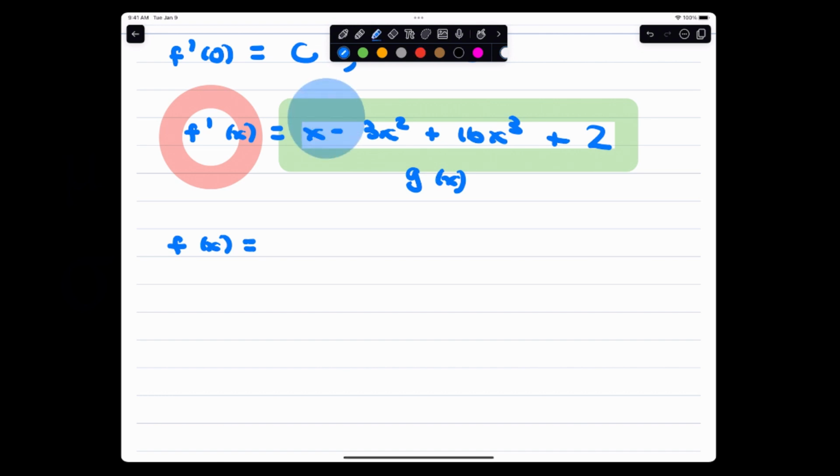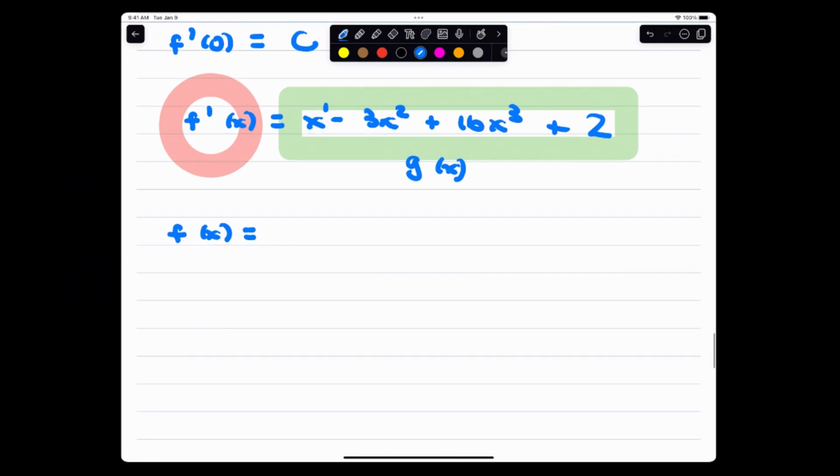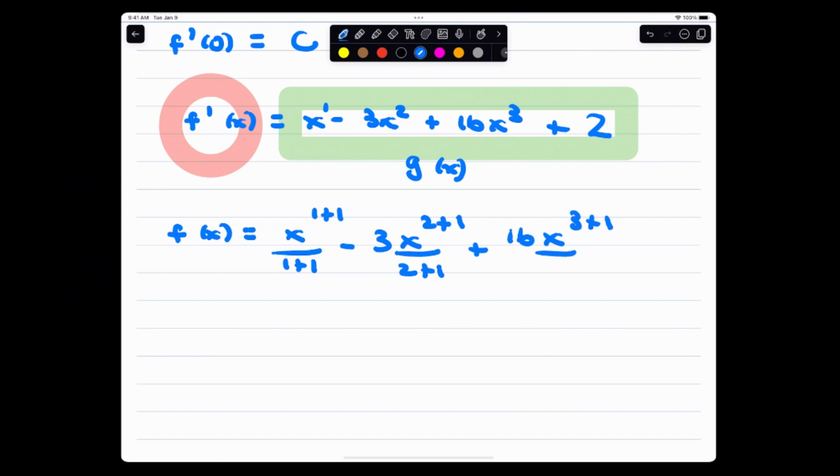So here's the first power. Here we go. So ladies and gentlemen, here's what you're going to get now. x to the 1 plus 1 over 1 plus 1, minus 3 x to the 2 plus 1 over 2 plus 1, 16 x to the 3 plus 1 over 3 plus 1, plus 2x plus c.